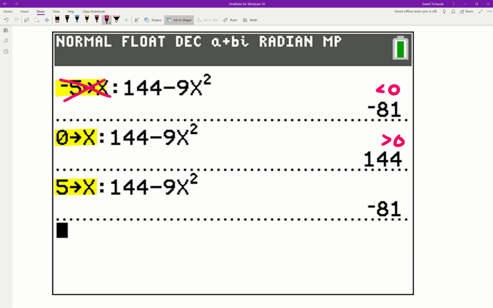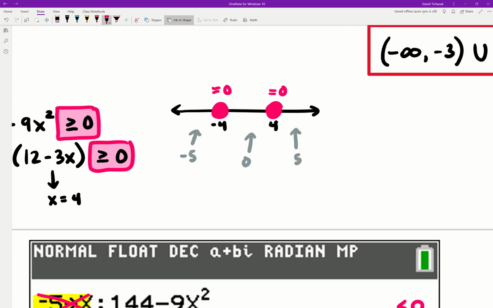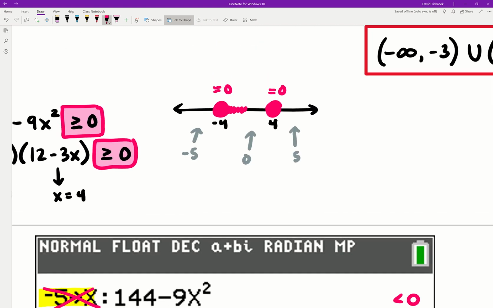We get a value greater than 0 here with the 144, so we are going to shade that region where 0 belongs, but we are not going to pick the region where 5 lives because that created something that does not fit our description. It's less than 0. So we're just going to shade that middle region for ourselves because 0 worked, but these others did not. And then we're going to get our final answer there of that closed interval from negative 4 to positive 4.